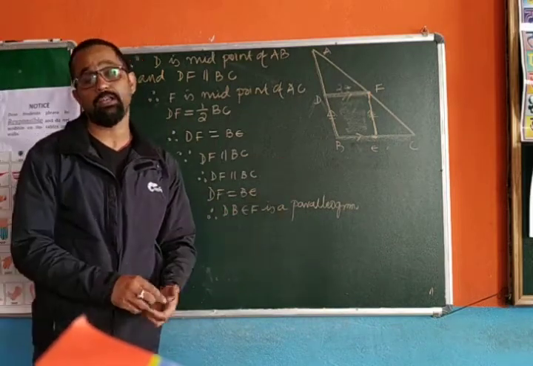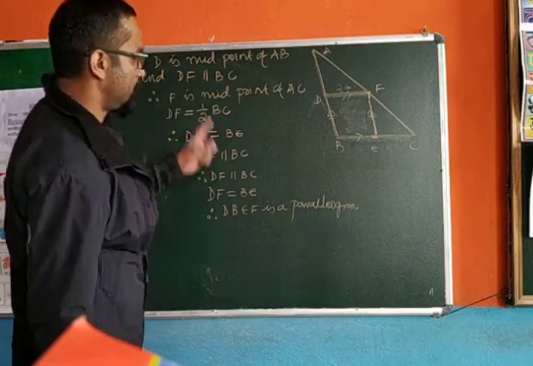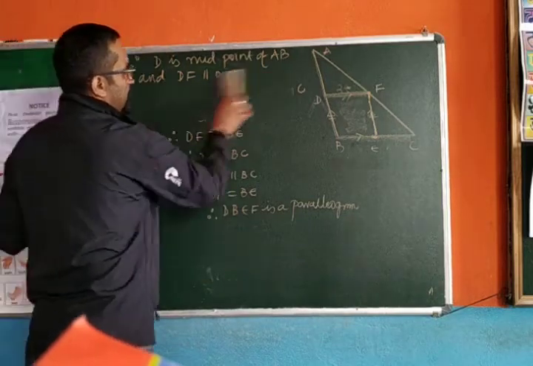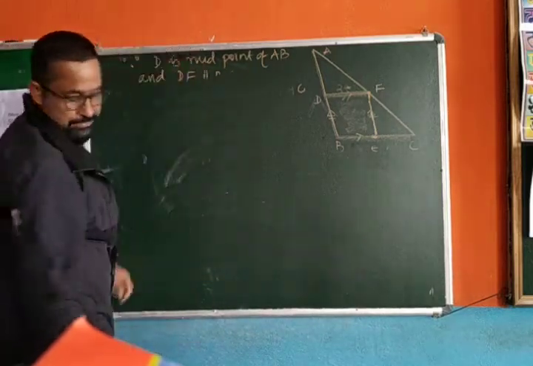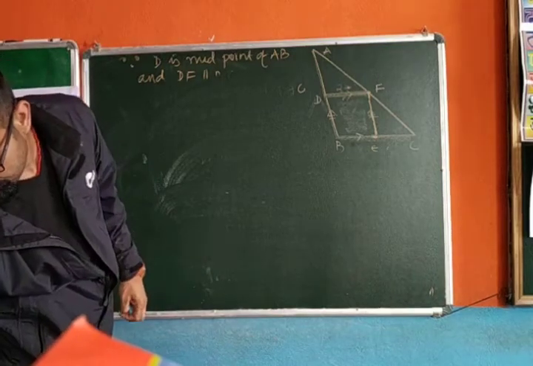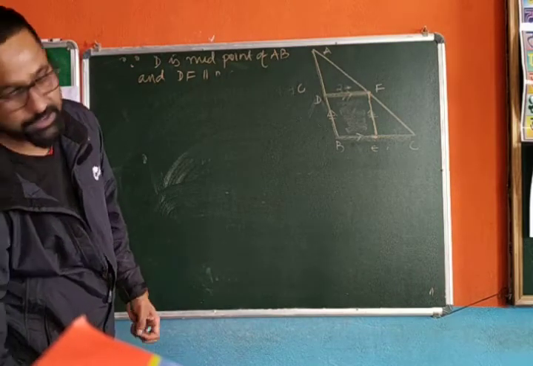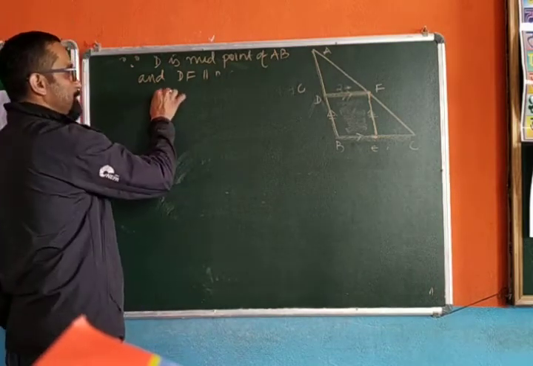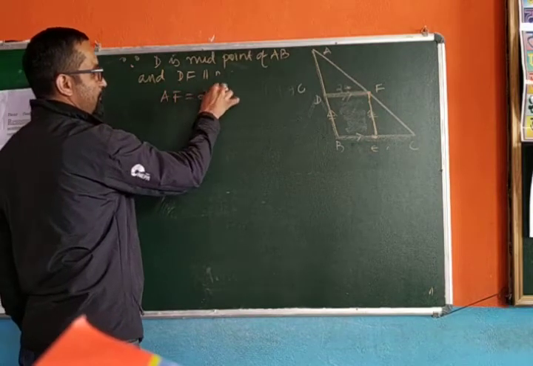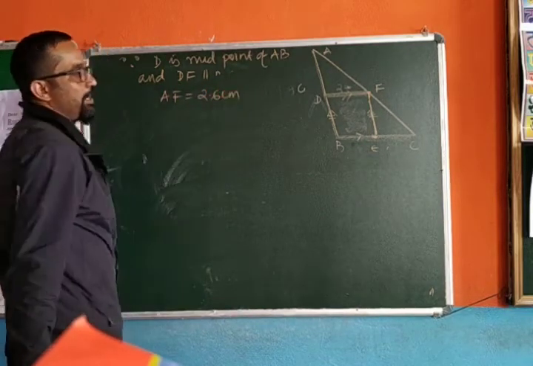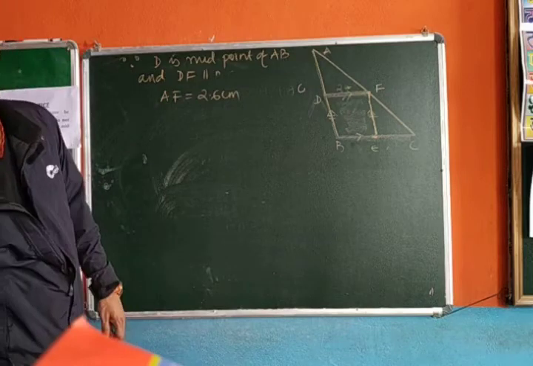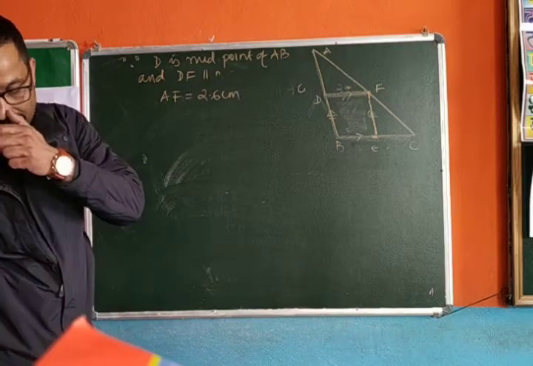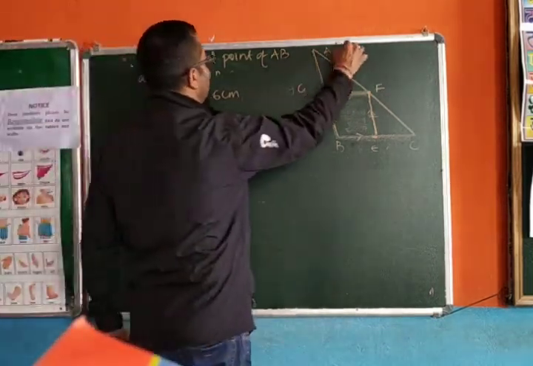DBEF is a parallelogram. This is the first part. Now second part, question says that if AF is 2.6 centimeter, calculate the length of AC, the total length.